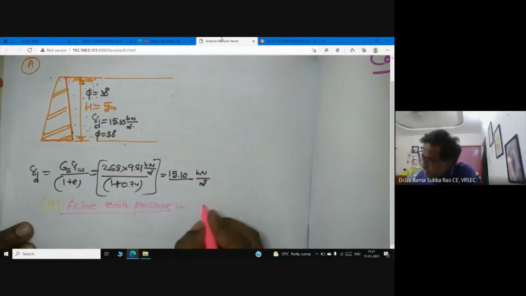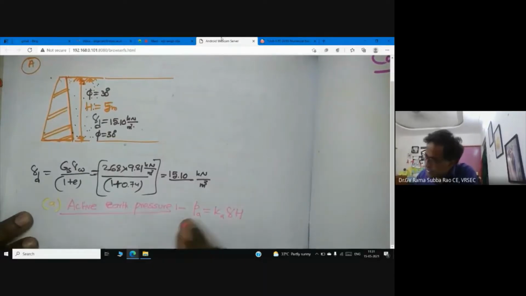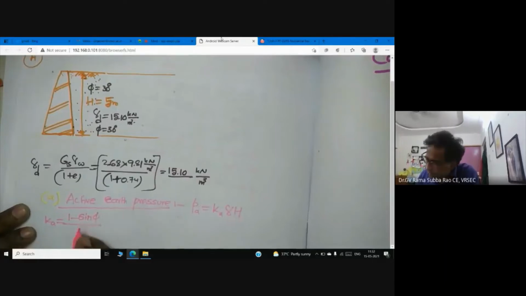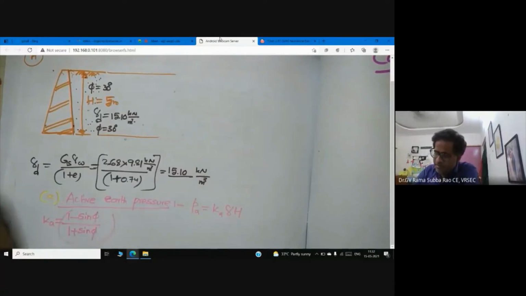Everyone knows Pa is equal to Ka into gamma h. Now the discussion is about how to calculate Ka. Ka is equal to 1 minus sine phi by 1 plus sine phi.